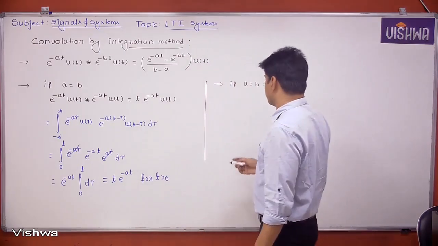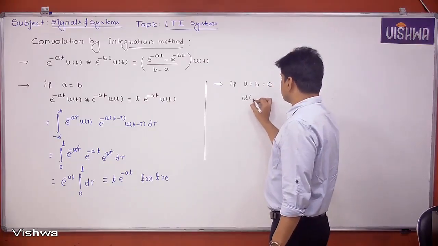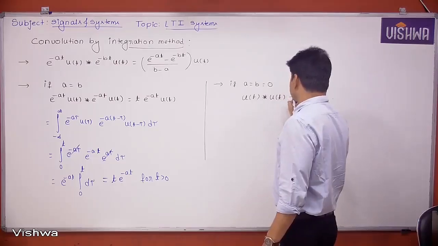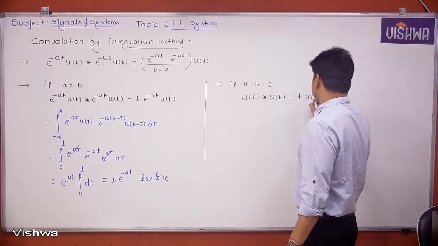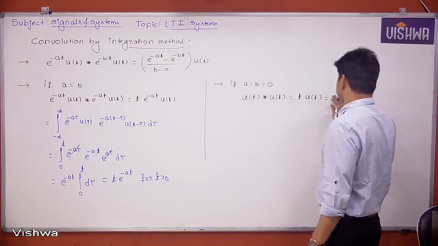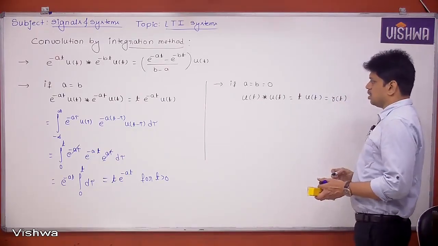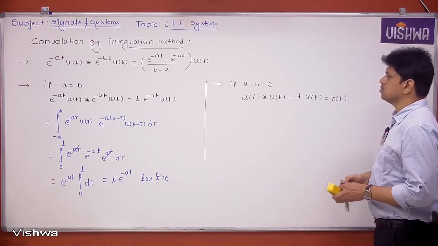This we already know: u of t convolution with u of t is equal to t u of t, which is nothing but r of t. Okay, take it.